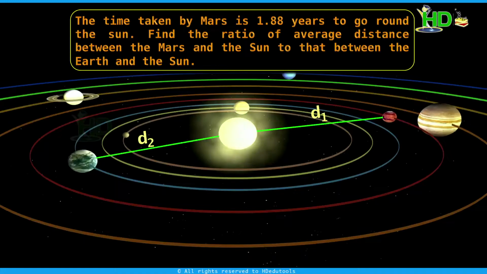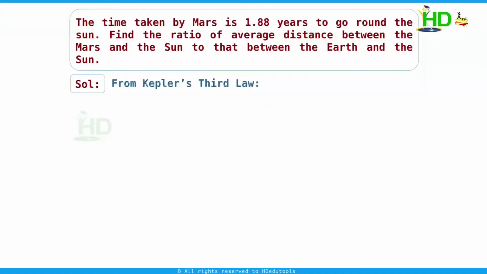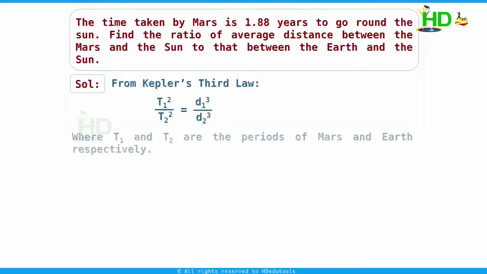Already we know that T square is proportional to d cube according to Kepler's third law, where T is the time period of revolution of the planet and d is the average distance between Sun and planet. From Kepler's third law, we can write t1 square by t2 square equal to d1 cube by d2 cube. Here t1 and t2 are the time periods of Mars and Earth respectively. t1 is 1.88 years and t2 is 1 year.